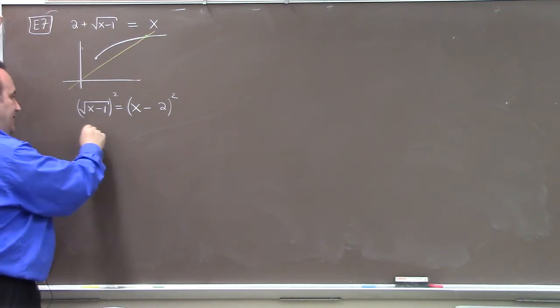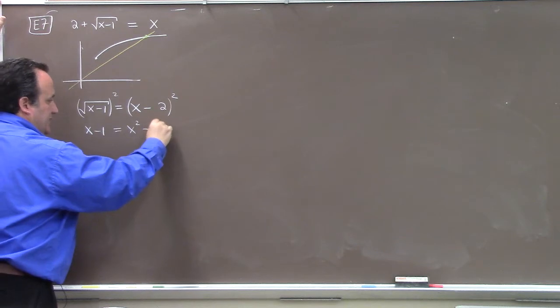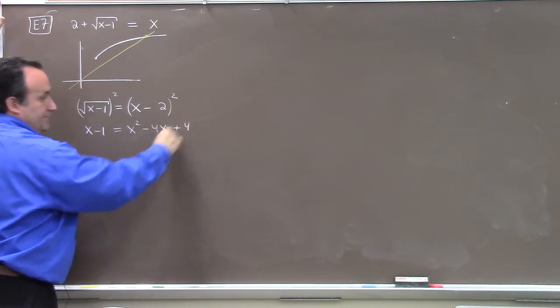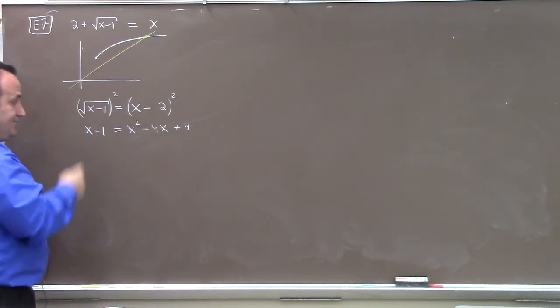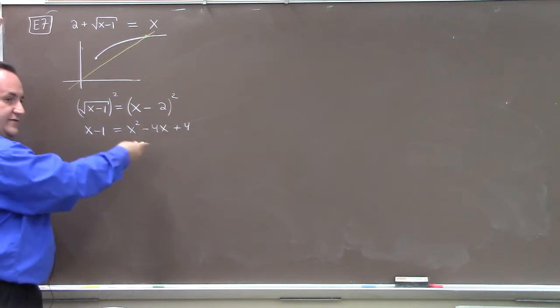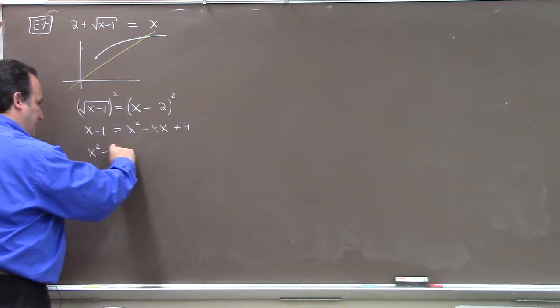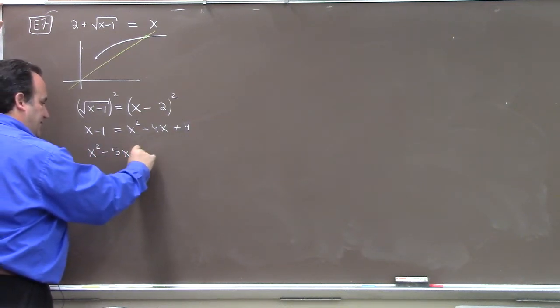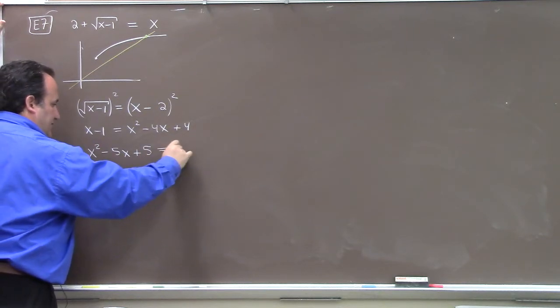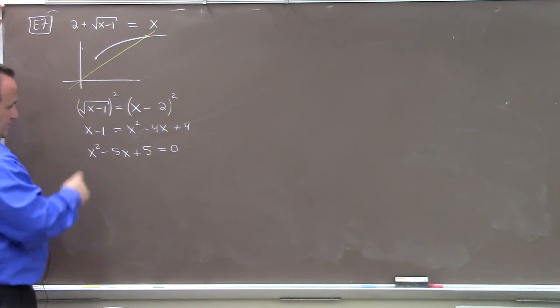Okay? Now that gives me x minus 1 equals x squared minus 4x plus 4. Hey, that's a quadratic equation. We know how to solve that. So we got x squared minus 5x plus 5 equal to 0, I think.